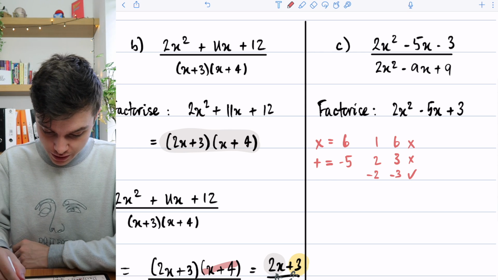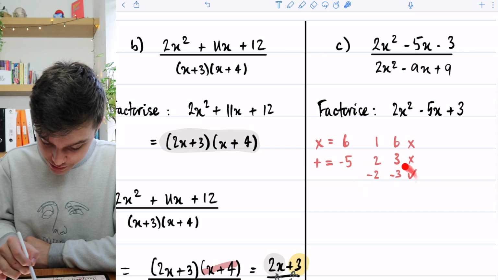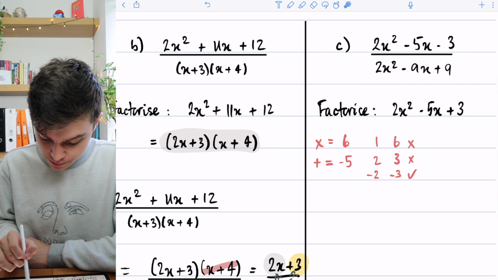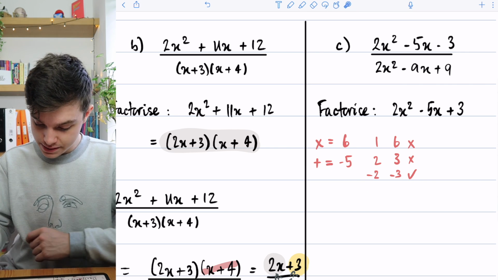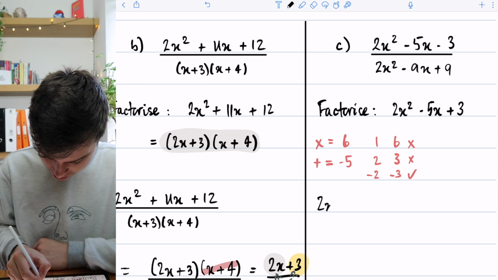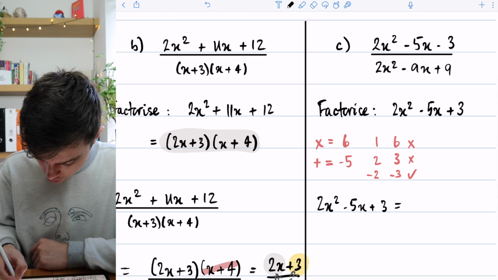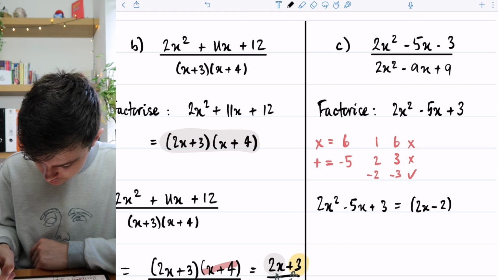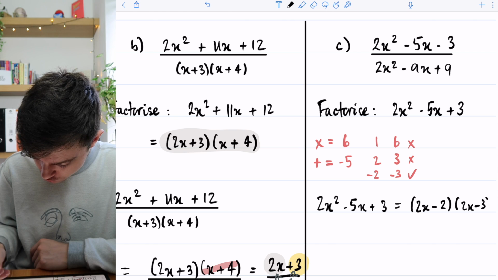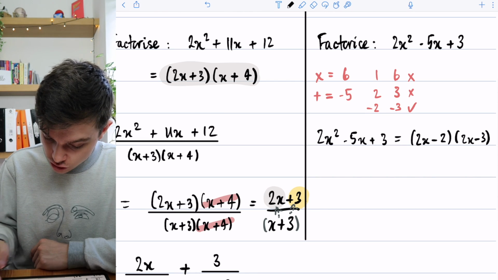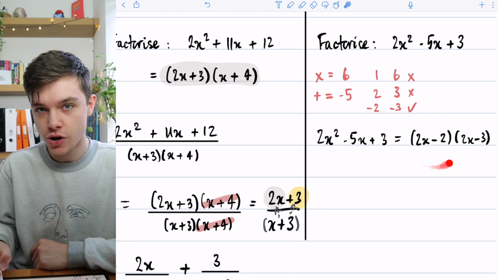Okay, because we can add those together to give me minus 5, and multiplying gives me positive 6. And so we can write that as this. In factorised form, we get 2x minus 2 times 2x minus 3, and then we need to cancel this first bracket down by 2, okay?